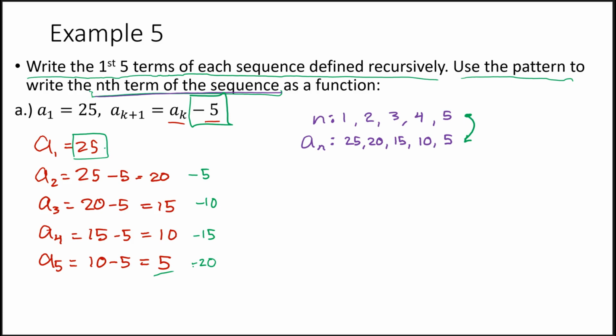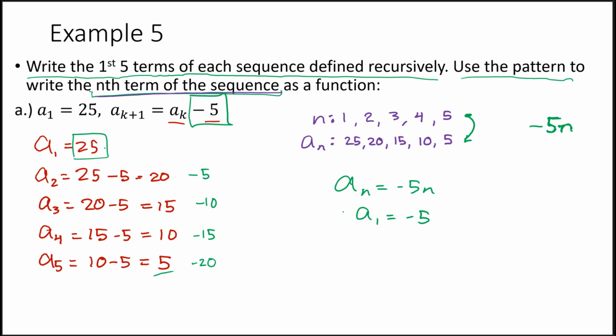So I know I'm going to be minusing 5 a certain number of times. Okay? If I see the 5 repeating, that's going to be kind of my slope. I can think about it as slope. So I'm going to have 5 times my n. But if I just do that, a sub n equals negative 5, and that doesn't work because then a sub 1 would be negative 5, and that's not what I have.